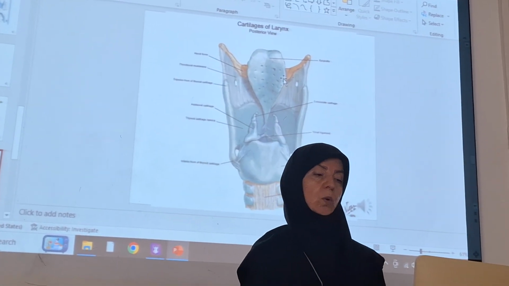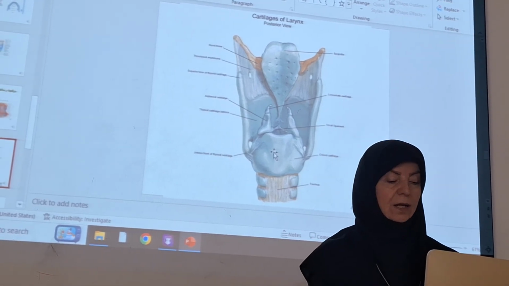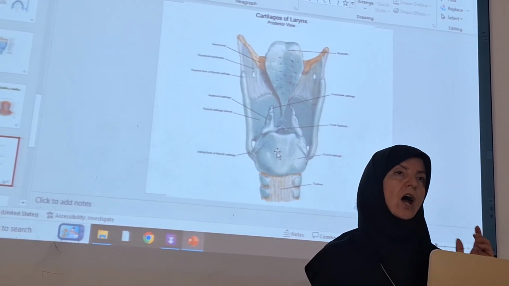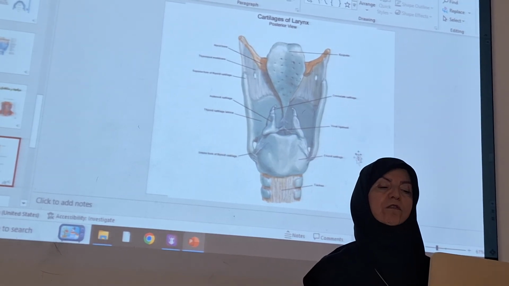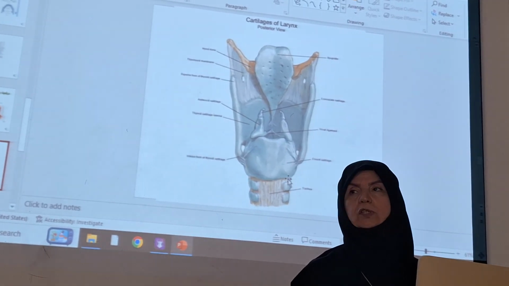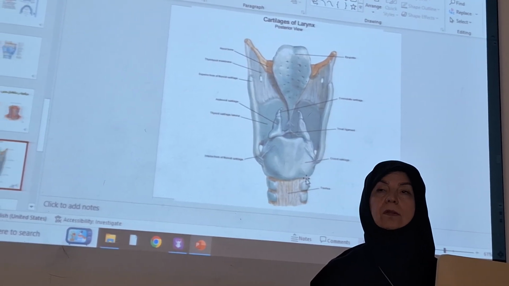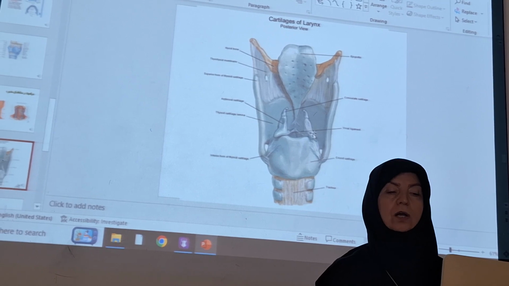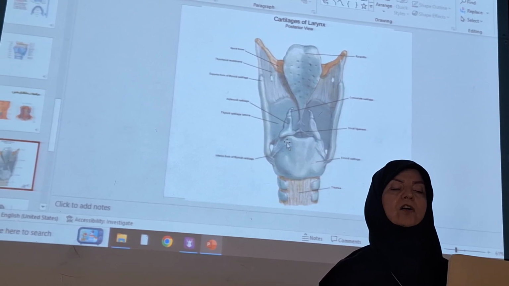So the epiglottis, the thyroid, and the cricoid are single cartilages in the larynx. How can we find that this is the posterior view of the cricoid cartilage?